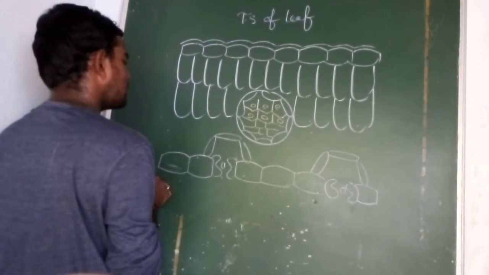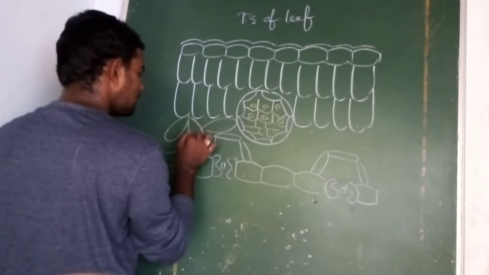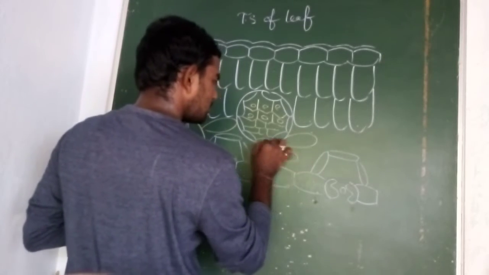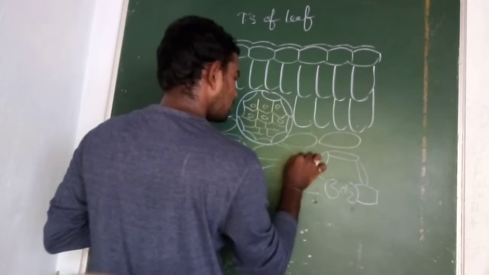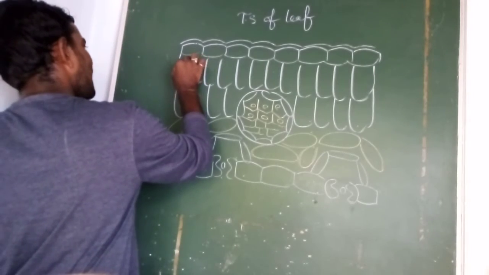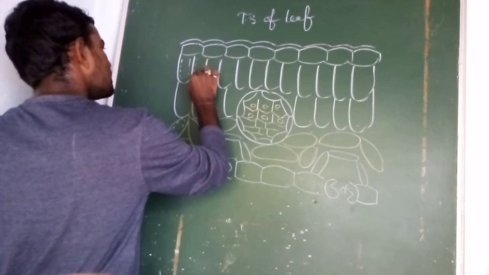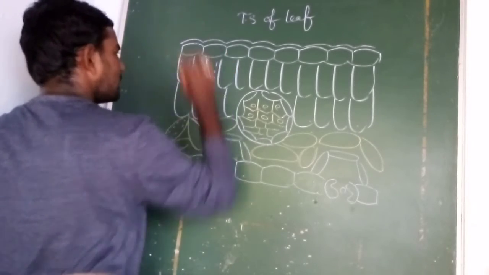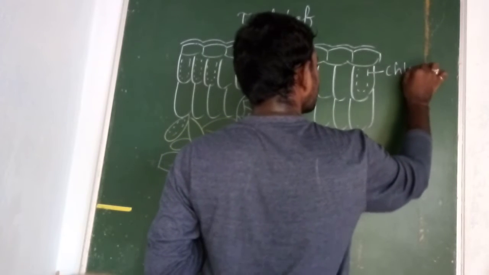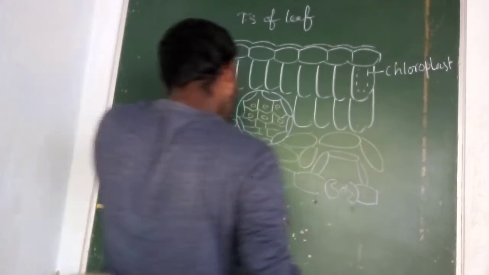Along with this, we can see spongy parenchyma. They contain dot-like structures in the palisade parenchyma and the spongy parenchyma. The single dot-like structures are called chloroplast. They contain the pigment chlorophyll.